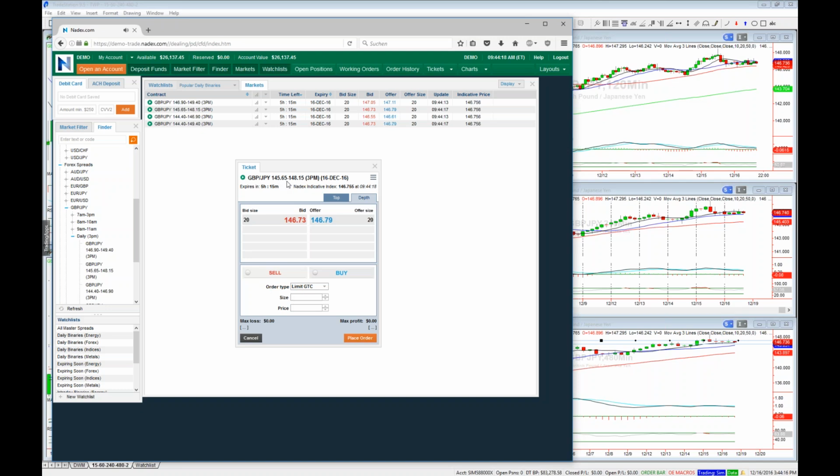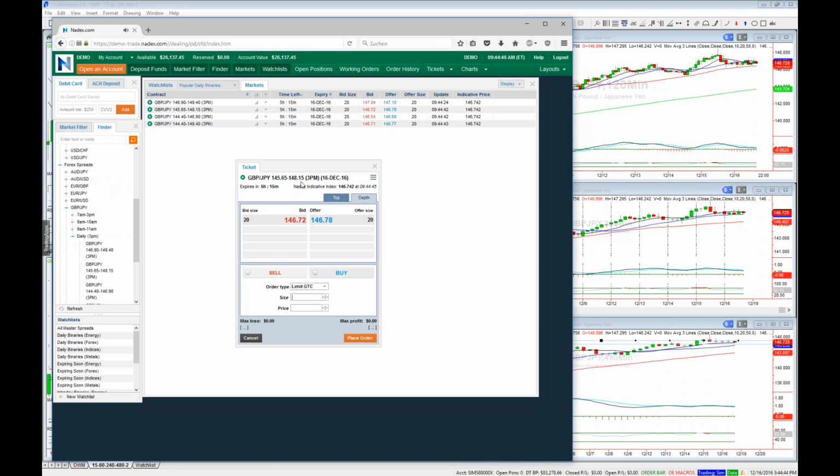This means if the market drops to 100, that spread will still be trading for 145.65. On the other hand, the highest that this spread can be trading for is 148.15 at expiry. So if price shoots to 150, 155 at expiry, the spread will be trading at 148.15.